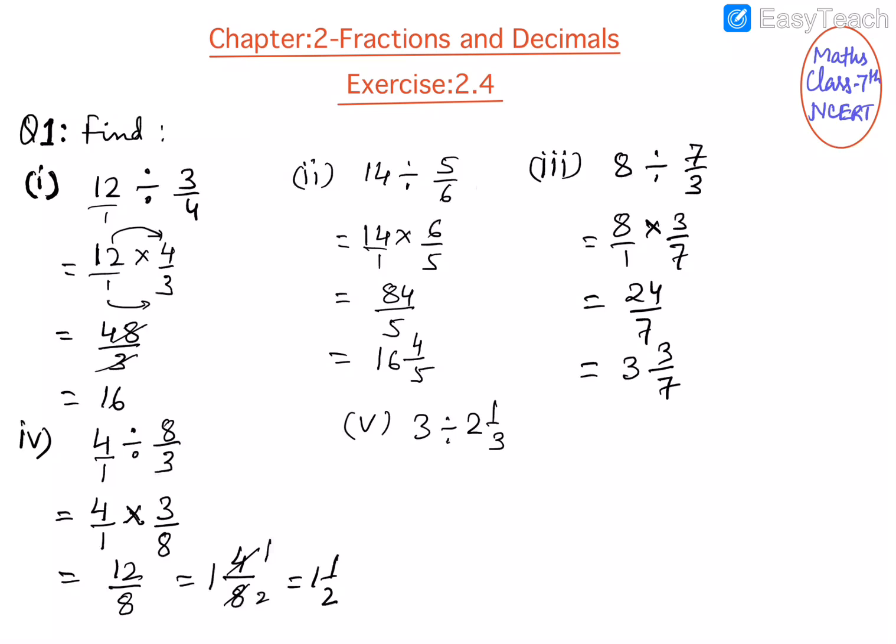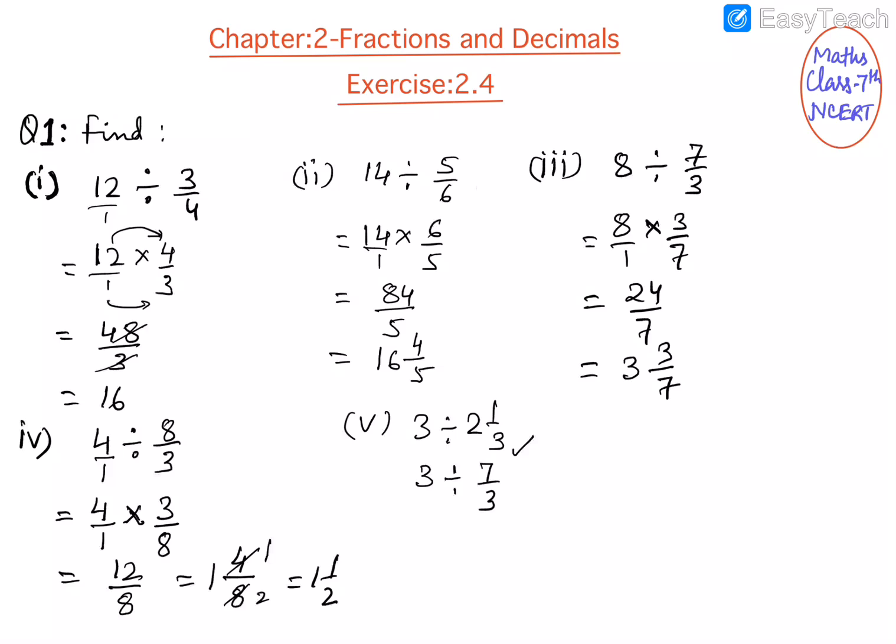In the fifth part, the whole number 3 is to be divided by the mixed fraction 2 and 1 by 3. So first of all we reduce the mixed fraction into an improper fraction. 3 twos are 6 plus 1, 7. 7 by 3.